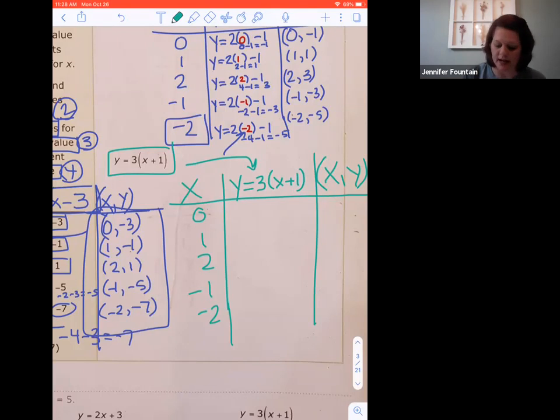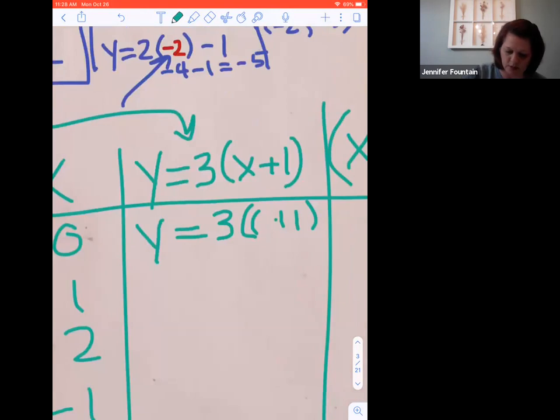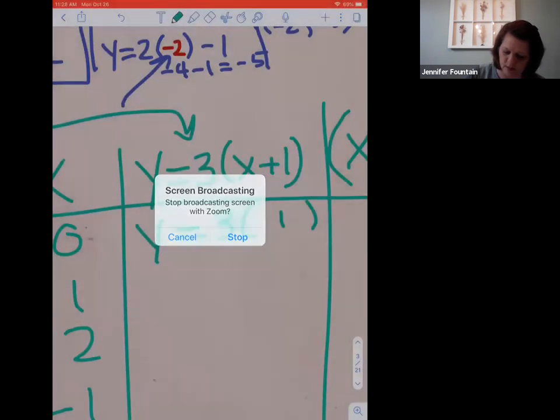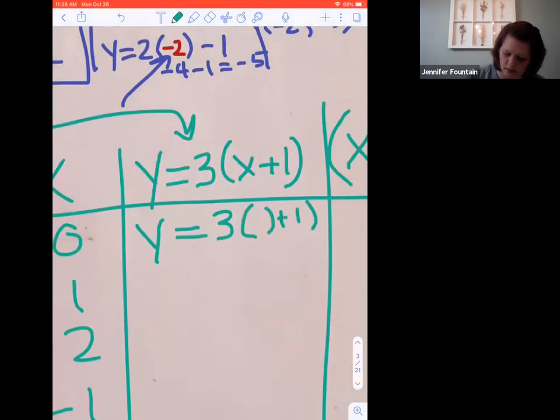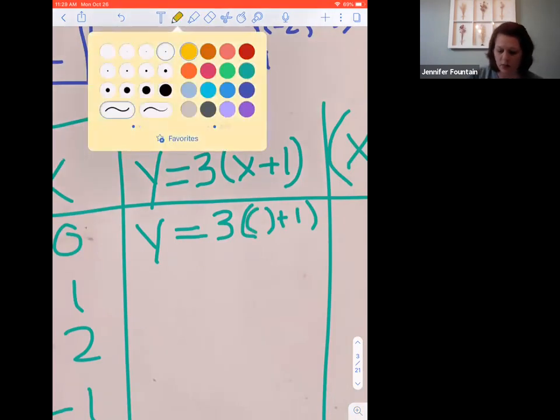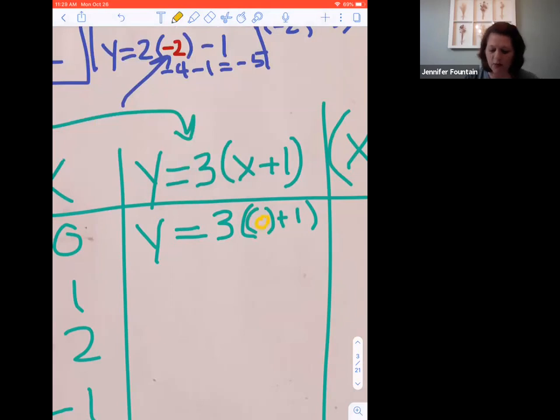So this is where I write out my equation, y equals 3, parentheses, and I've got +1, but inside there I'm going to put parentheses. Whoops, I didn't make it big enough. Let me fix that. Remember, I'm putting parentheses to put my value of x in. This time it is 0.